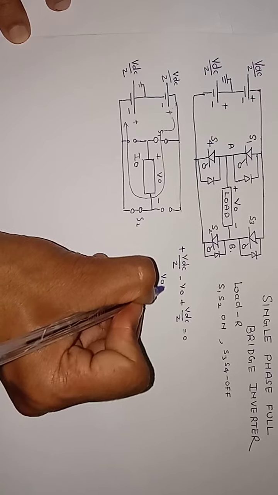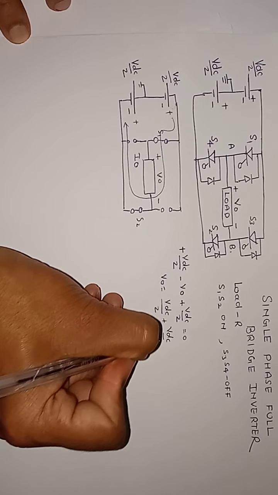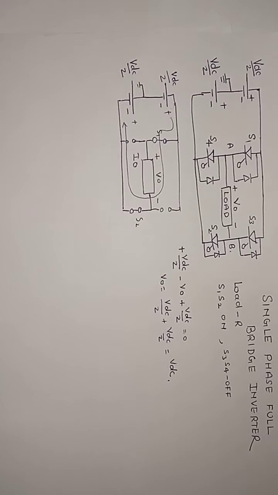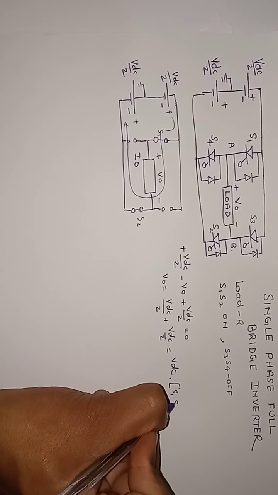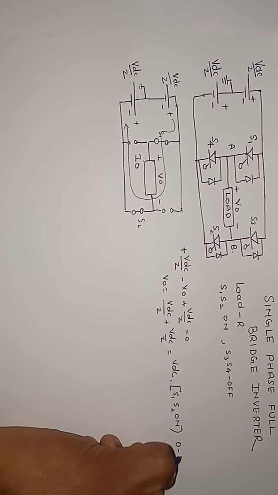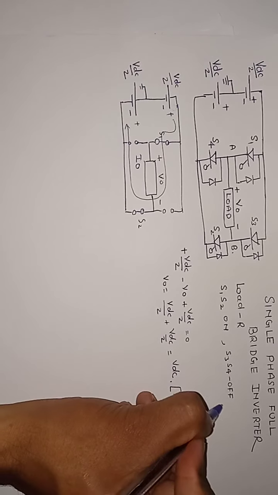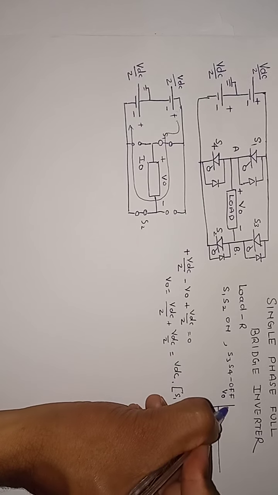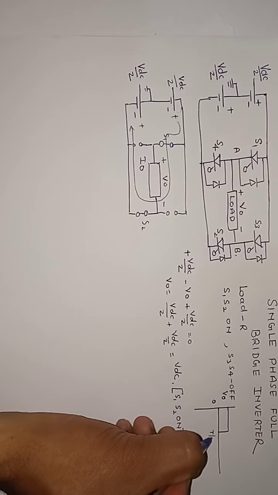So we get VO is equal to VDC by 2 plus VDC by 2, that is equal to VDC. So when S1 and S2 are on, for the time period 0 to T by 2, the output VO will be positive VDC. Here we can make the waveform.